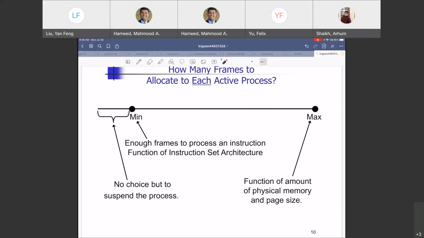As you're increasing that, what is happening to the page fault rate for that process? As you're increasing the number of frames for each process, so don't worry about Belady's anomaly, what is happening to the page fault rate?